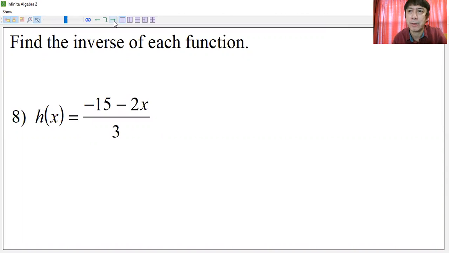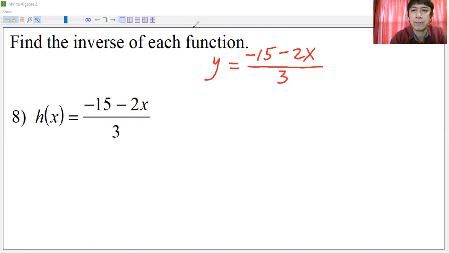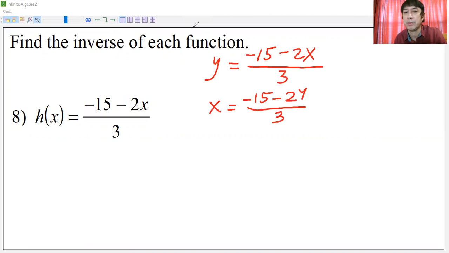We have here h of x, which we shall replace with a y, and this is negative 15 minus 2x over 3. First step, exchange the letters, so this becomes x equals negative 15 minus 2y over 3.